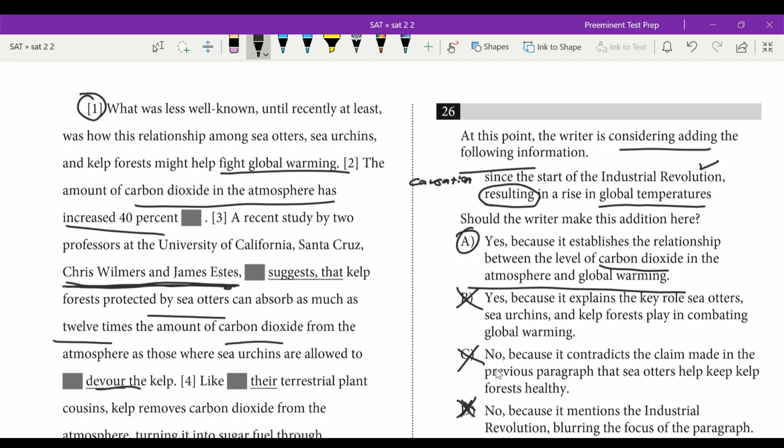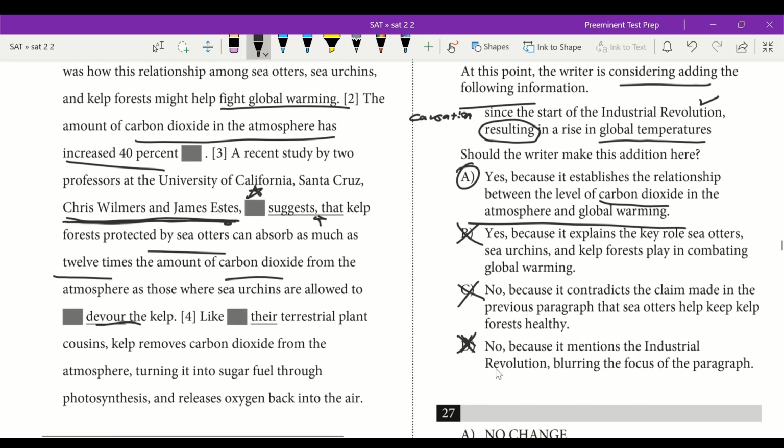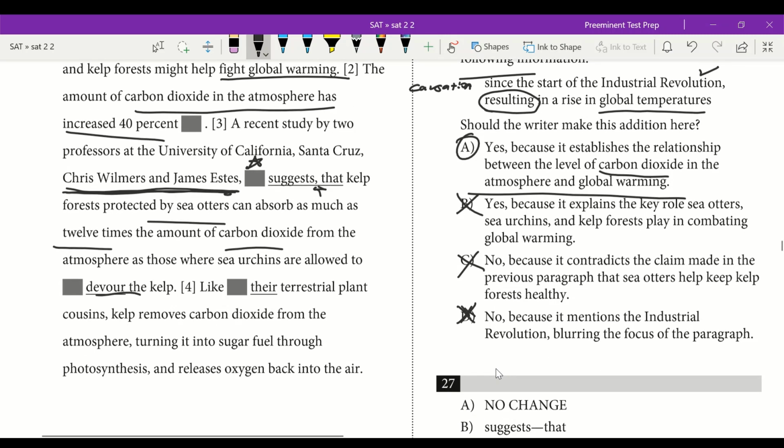All right, so looking at our question here, we have our professors at the University of California, Santa Cruz, Chris Wilmers and James Estes, suggests that kelp forests protected by sea otters. All right, well, if we have suggests that, we don't need a comma after suggests, right? Why would we have to have a comma before suggest that, or in the middle of it, right? We don't need that. We just have suggest that.